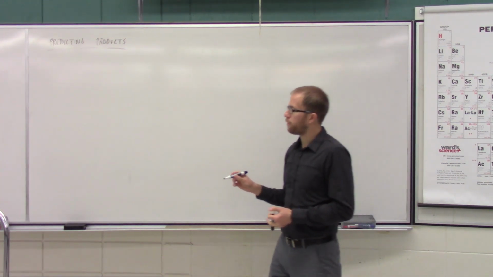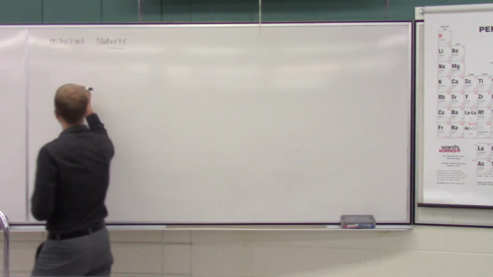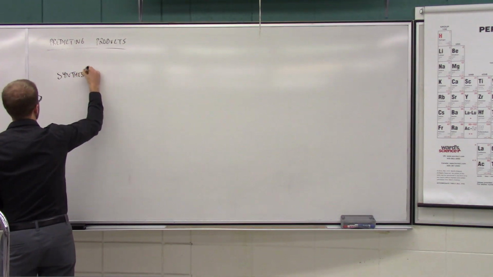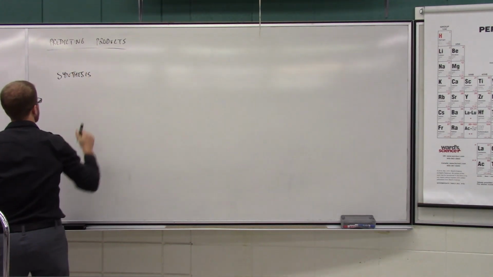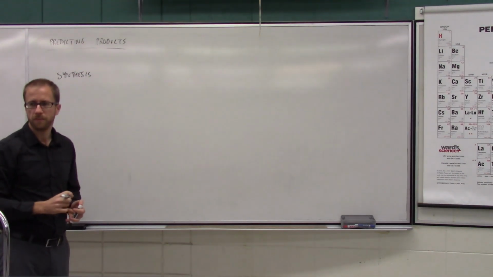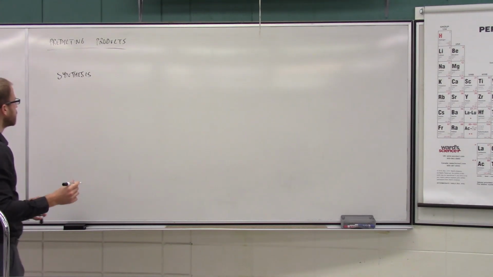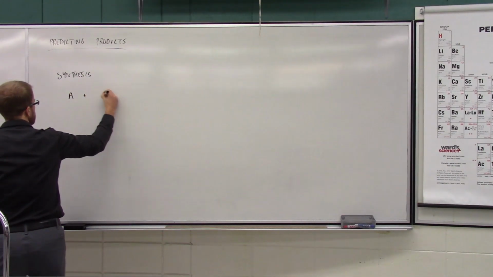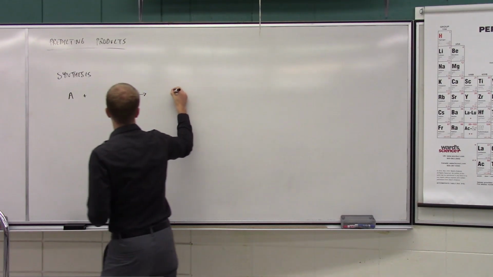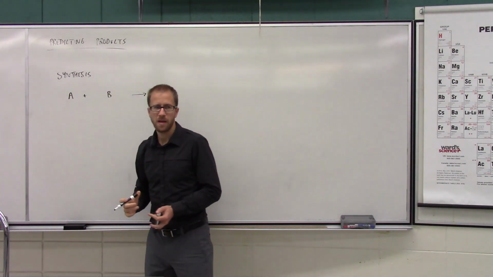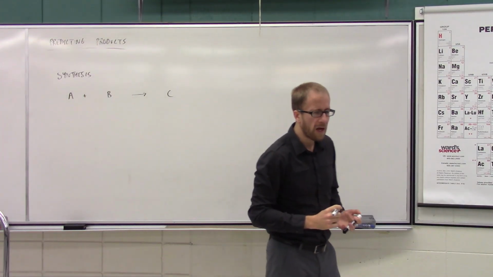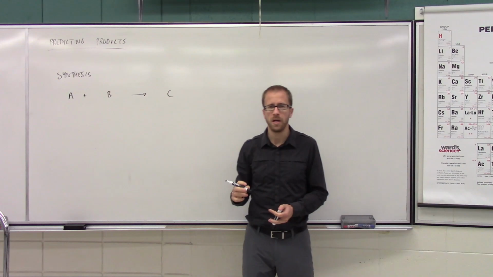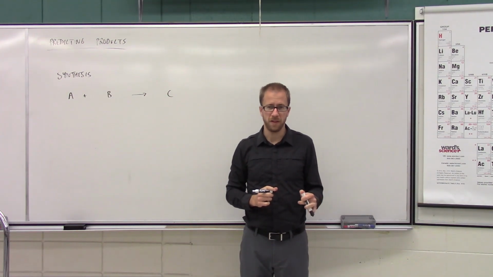So what was the general form of a synthesis reaction? You guys really didn't do your homework yesterday. Okay, well it was A plus B produces C. Now, if I ever ask you in this course to predict the products of a synthesis reaction, it's going to be really obvious.